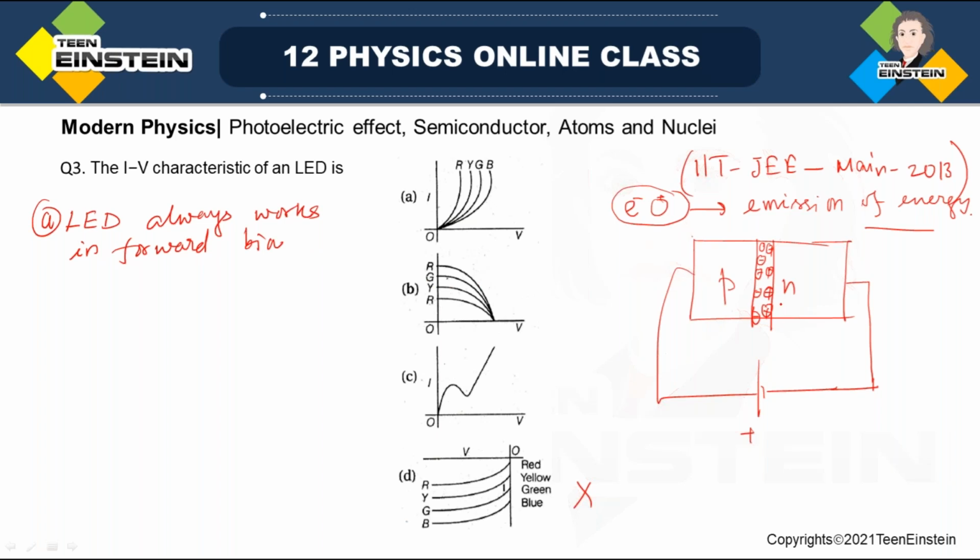Forward bias characteristics of a diode are similar to the IV characteristics of an LED.